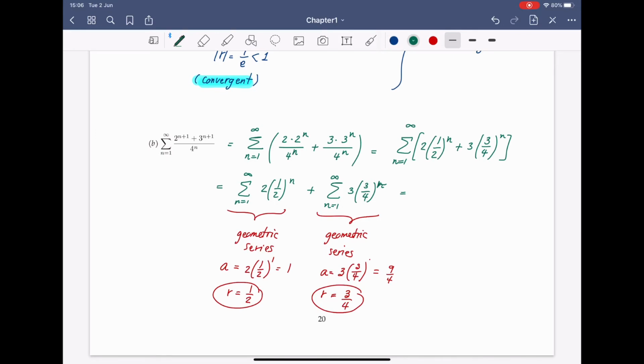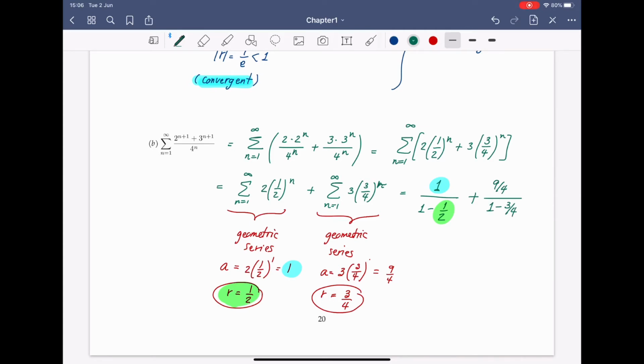And then now we can compute the limit by just using the formula a over 1 minus r. So the first term converges to 1 over 1 minus 1 half, right? Because this is 1 here, this is a, and r is 1 half. And the other term is 9 over 4 over 1 minus 3 over 4, right?